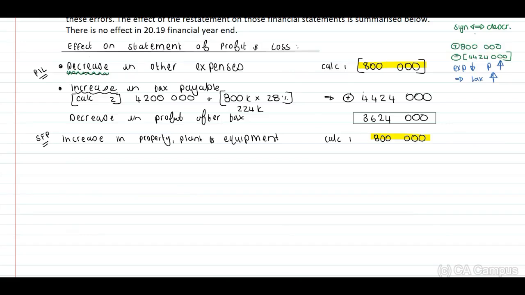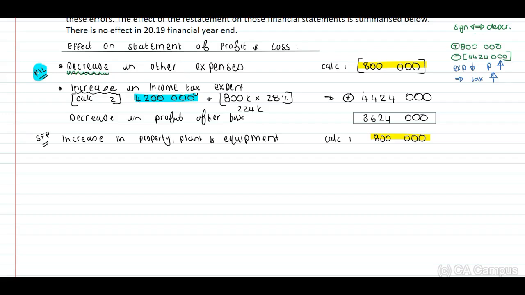Okay, so guys, when you look at the effect on our profit and loss, remember we have identified that there is an increase in our tax payable to the value of 4.2 million. Therefore, in our statement of financial position, we have to include, guys, this should be income tax, not tax payable, this increase in our income tax expense.